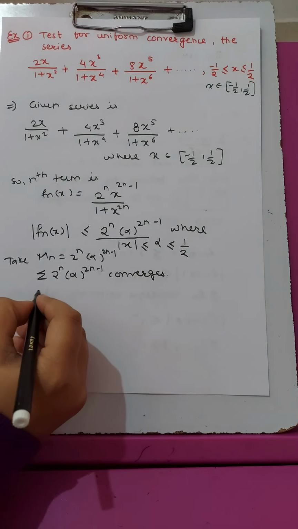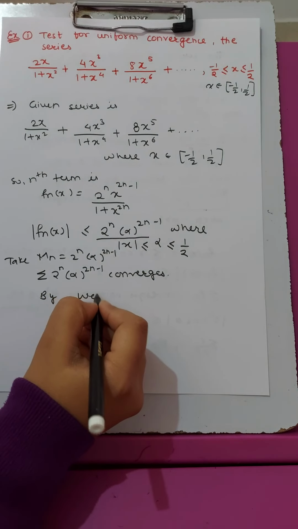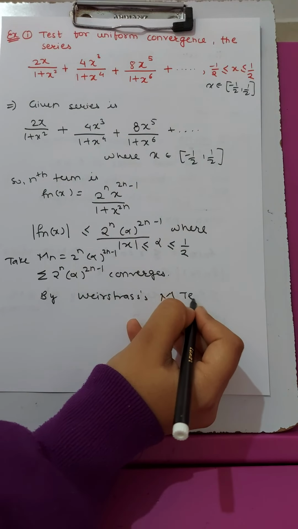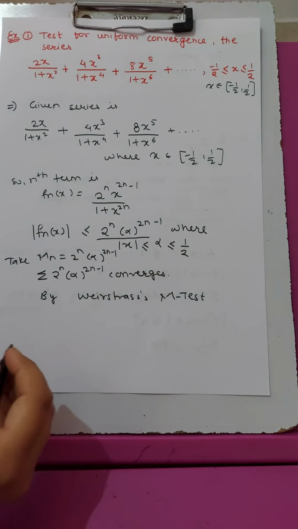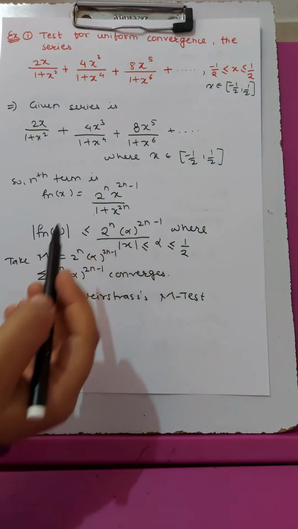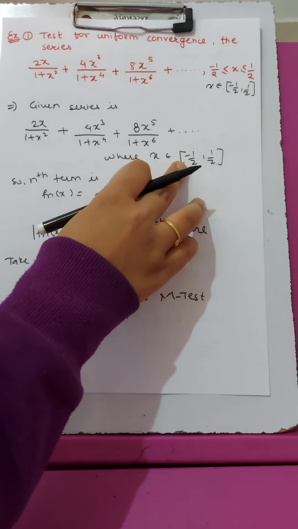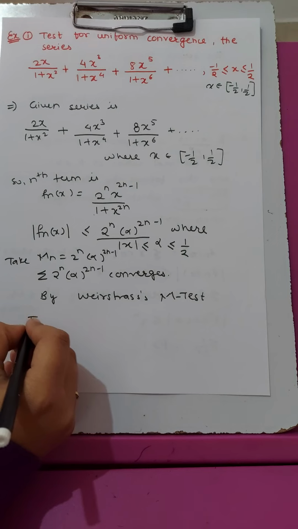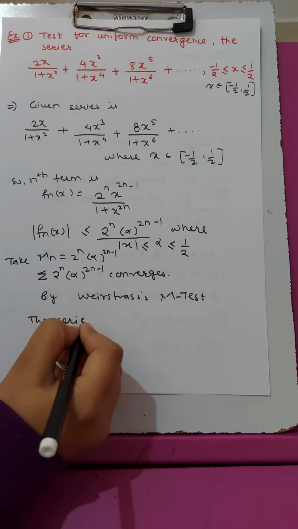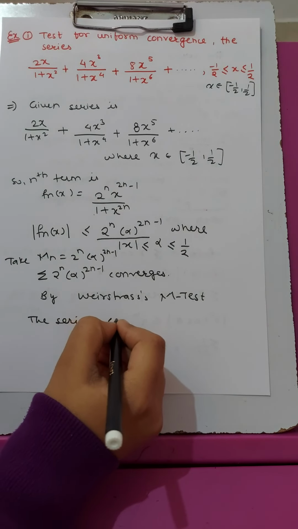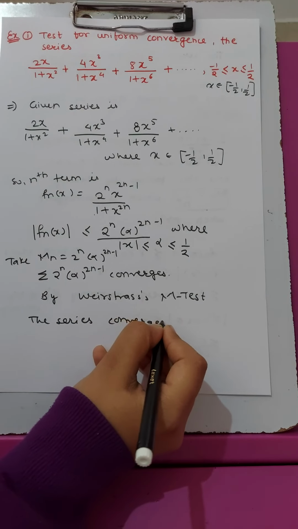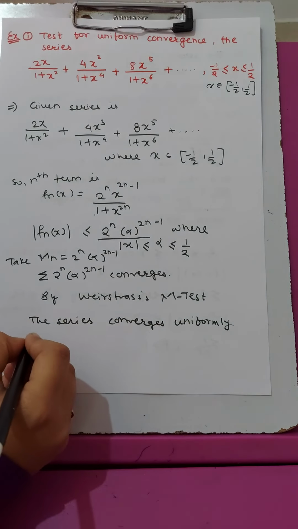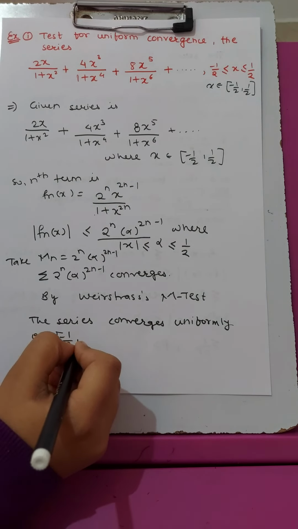And so by the Weierstrass M test, we can conclude that the given series is uniformly convergent on the interval minus 1 by 2 to 1 by 2. So hence the series converges uniformly on the closed interval minus 1 by 2 to 1 by 2.